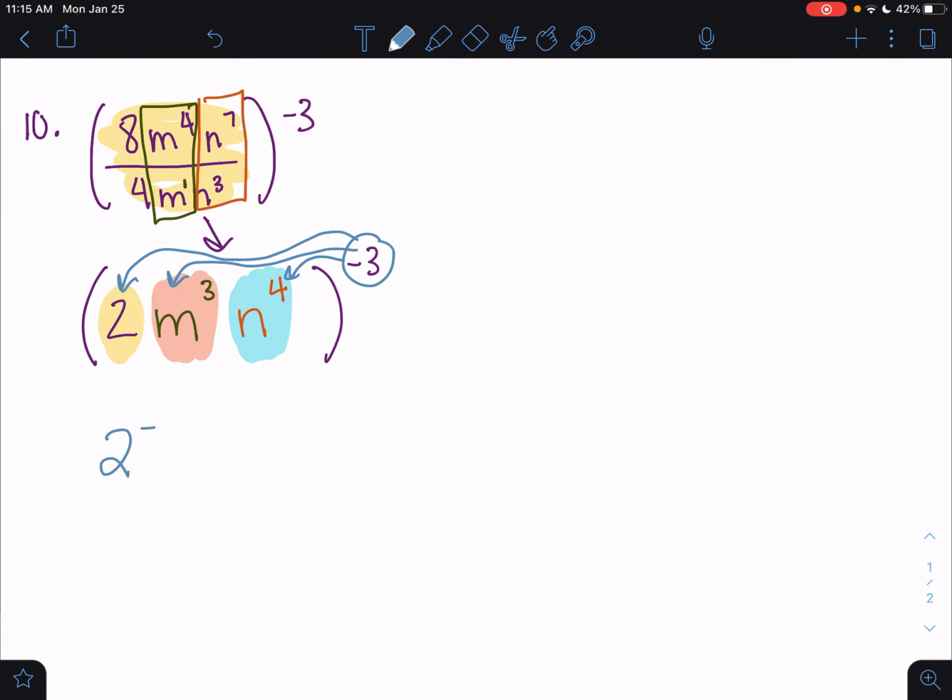So we would have 2 to the -3. Now just write this out. Don't worry about the negative yet. Just write it out. M to the 3 times -3 and n to the 4 times -3. I'm going to simplify this down. I'm just going to simplify the variables down first.